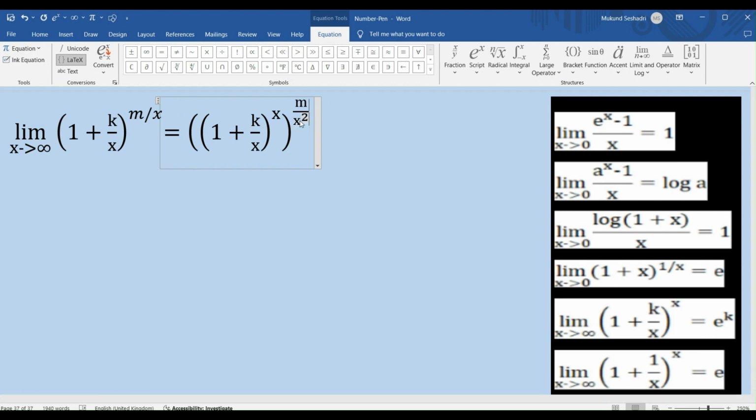So all that we have done is (1 plus k by x) to the power x into m by x square, is equal to (1 plus k by x) the whole power m by x, right? So all that we have done is multiply and divide by an x in the power component of 1 plus k by x, and that does not change the expression.